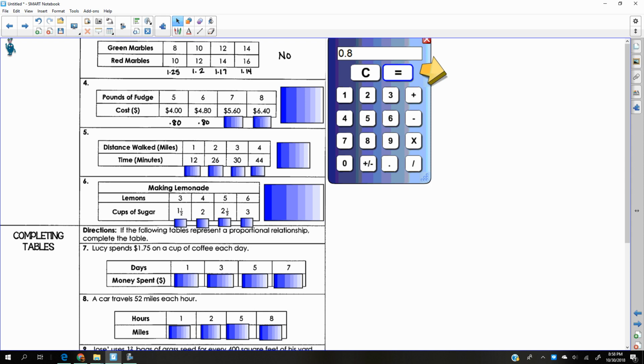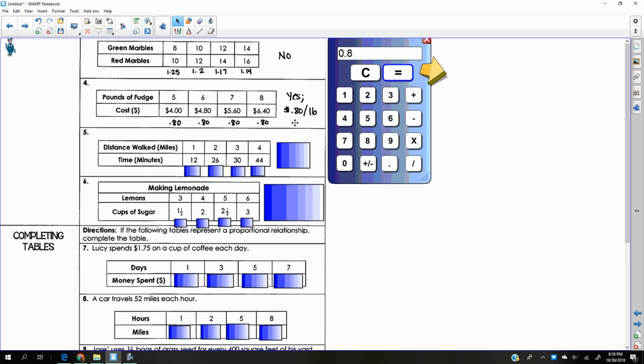Okay, so $5.60 divided by 7, and it's 80 cents. Well, is it cheaper to buy 8 pounds of fudge? Let's see. 6.40 divided by 8, and it's 80 cents as well. Okay, so yes, they are proportionate. And what's the rate? 80 cents per pound.